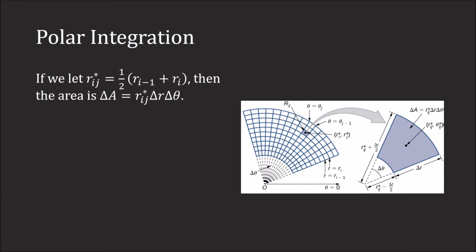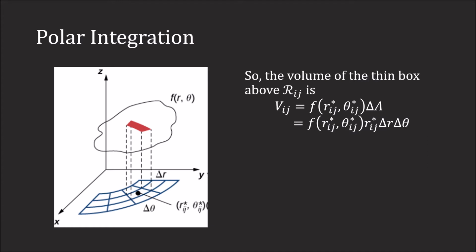So the volume of the thin box that is above R sub ij is given by f of (r sub ij star, theta sub ij star) times delta A. Right, and delta A is of course r sub ij star delta r delta theta.